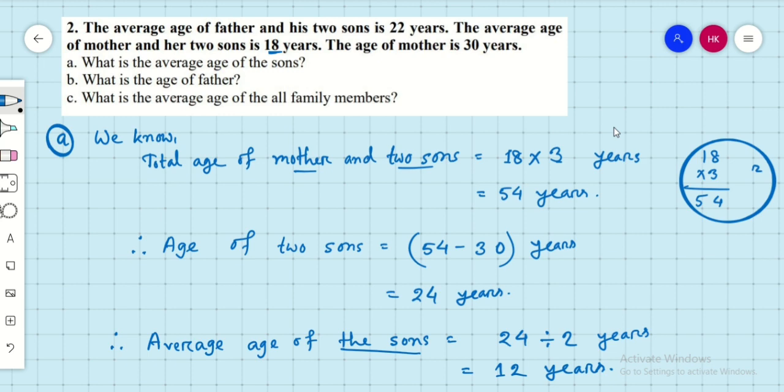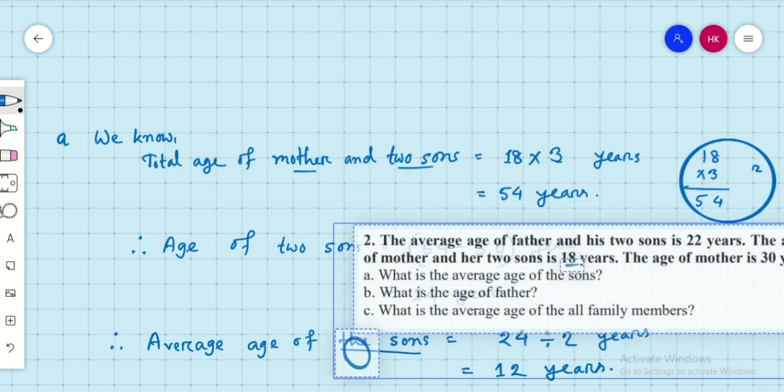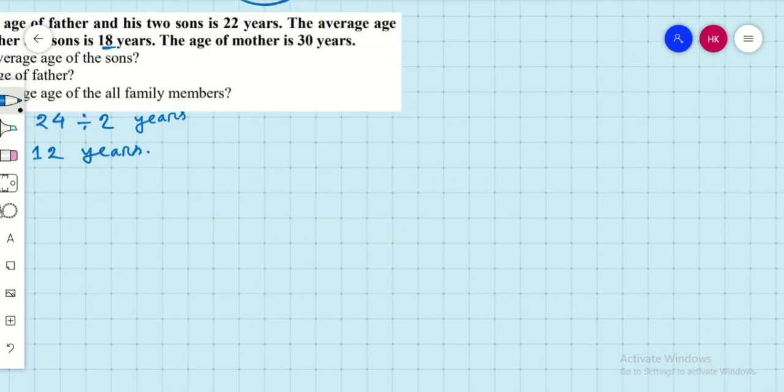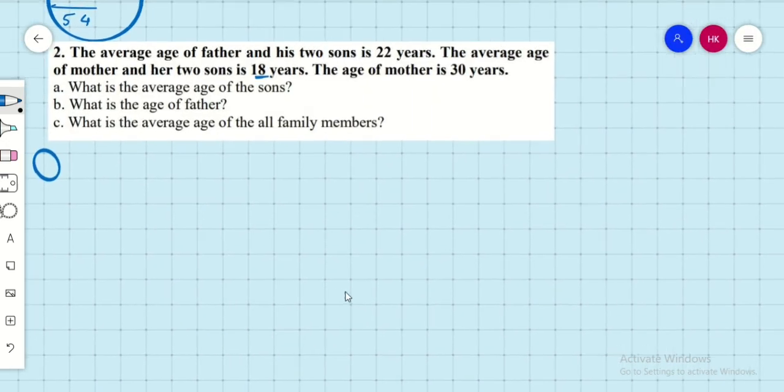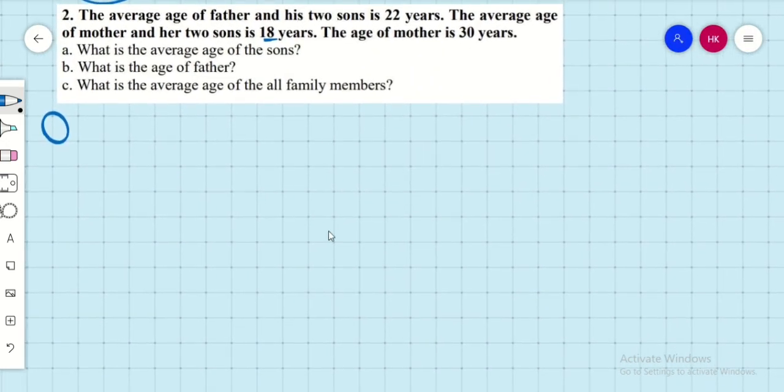Now we move on to our next question, question number B. Question number B asks, what is the age of father?